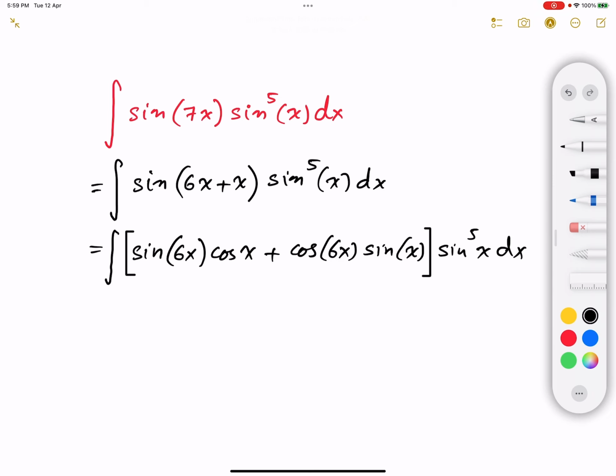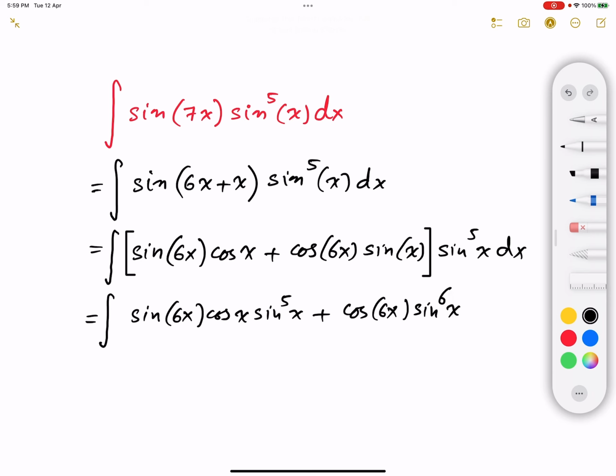So now we can distribute the sine to the power 5 over the bracket. That's going to give us the integral of sine 6x multiplied by cosine x multiplied by sine to the power 5 of x, plus cosine 6x multiplied by sine x and sine to the power 5, which gives us sine to the power 6 of x, dx.